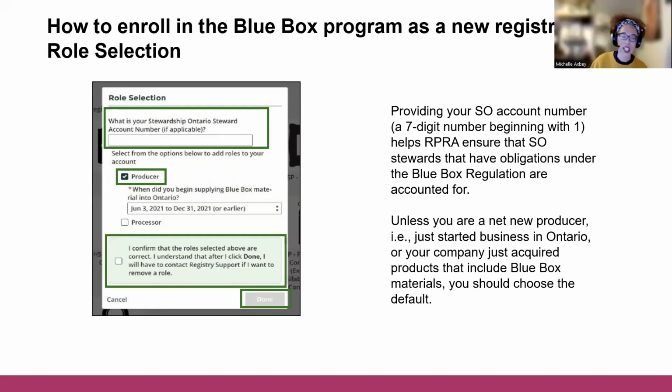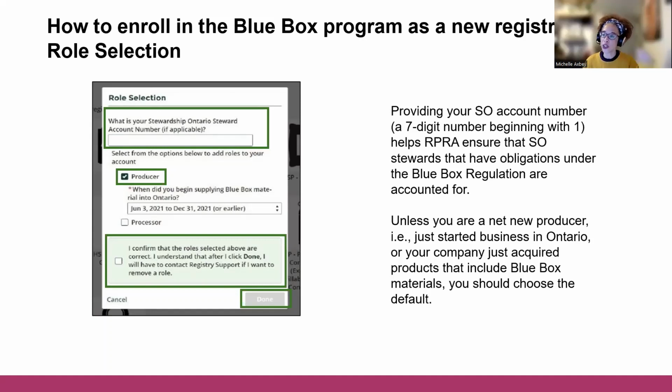So you don't have to fill in the Stewardship Ontario steward number. If you don't have one, don't fill it in. You also don't need to put NA or not applicable. You can just leave it blank. It's not a mandatory field. But if you put that number in, what it does is it helps us to understand how you reported before and ensures that we are aligning the stewards and we're moving them into the RPRA program and that we don't need to contact you further.